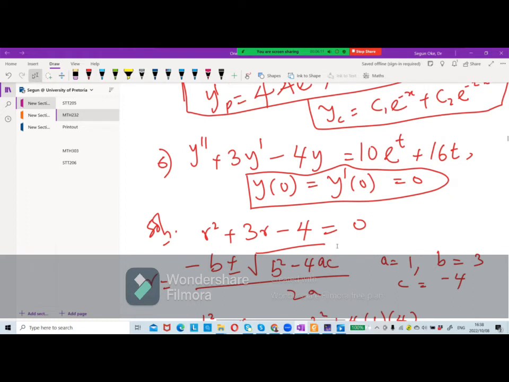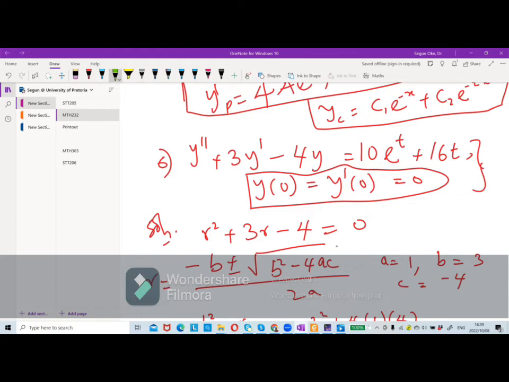In the exponential problem, what are the things we need to take note of? How do we write our y particulars? The y particular solution in this case is the key thing that we need to know. Take note. So let's first of all resolve the complement. The y complementary is r squared plus 3r.